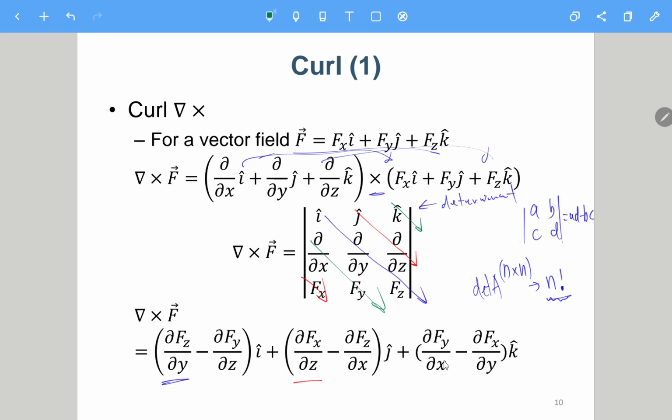This one. Now I use the highlight for another direction. For another direction, we go like this, and then like this: i hat partial z fy. But in this direction, we need to put a negative sign.